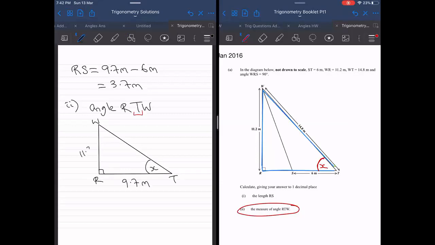We know that this is 11.2. And they're asking you for X. So you need to label which one is hypotenuse, opposite, adjacent, decide what you're using, and then you go ahead and find it.